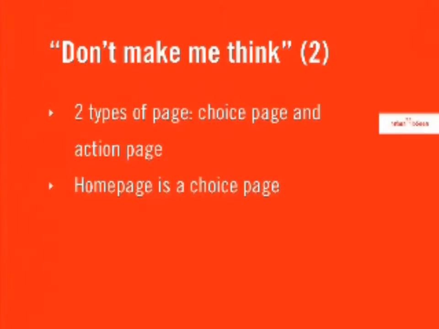So the home page is also a choice page, because on a home page you have to see where you should click to get to the answer you want to find. An action page is where you have found your answer, and that page should try to persuade the user to make an action: to subscribe to a newsletter, to buy a product, to make contact with a company.